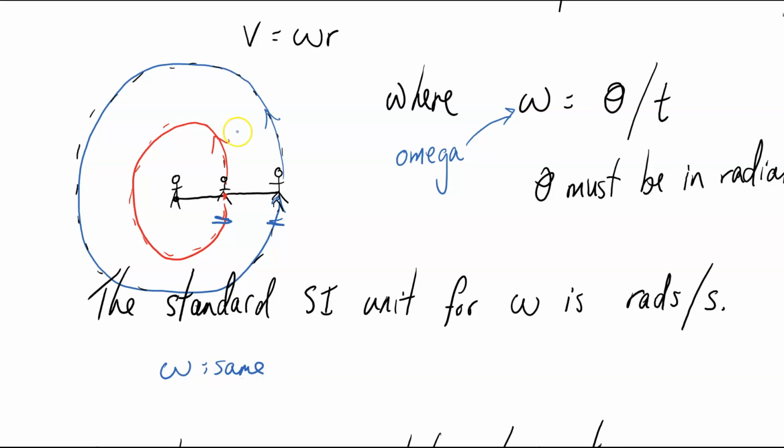But look at how far the outer one is traveling compared to the inner one in red. The outer one is traveling a lot further, and therefore it must be going faster.